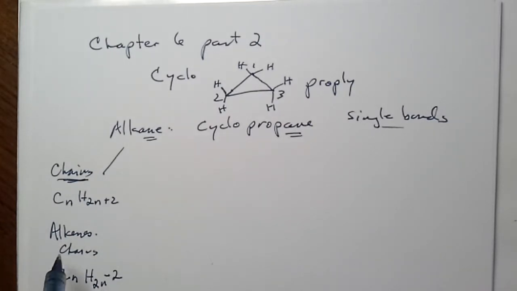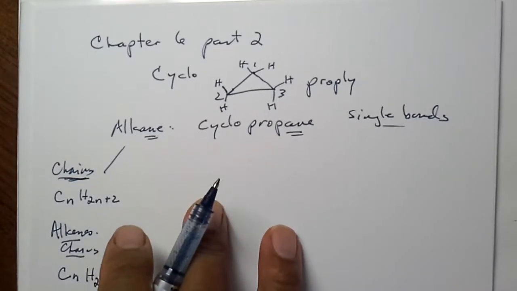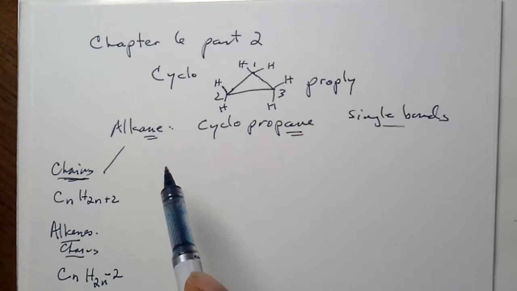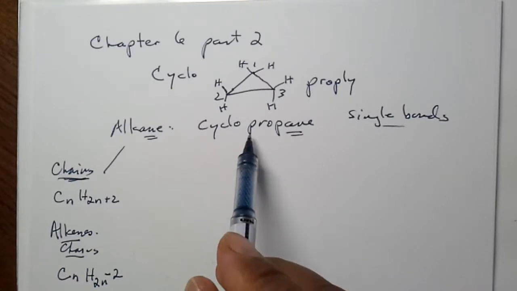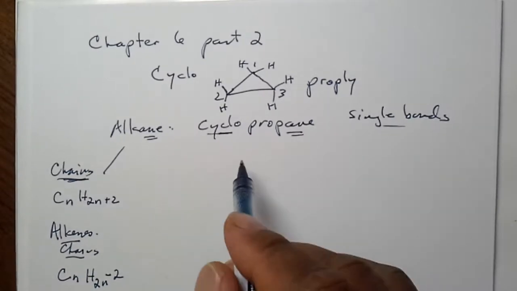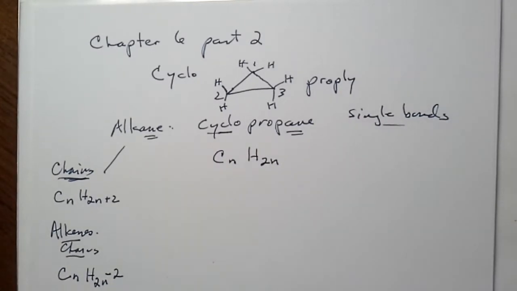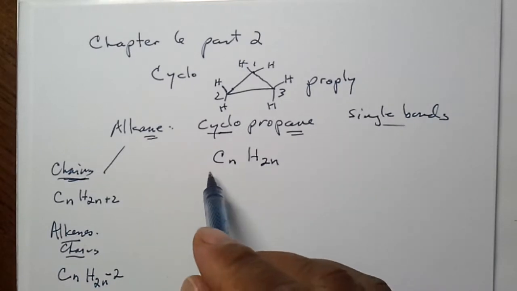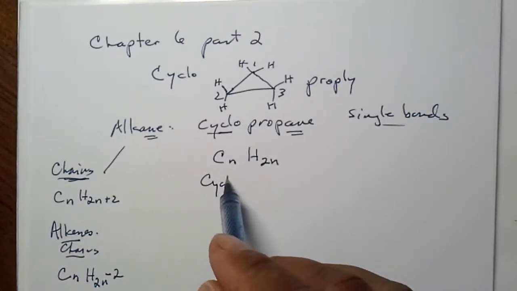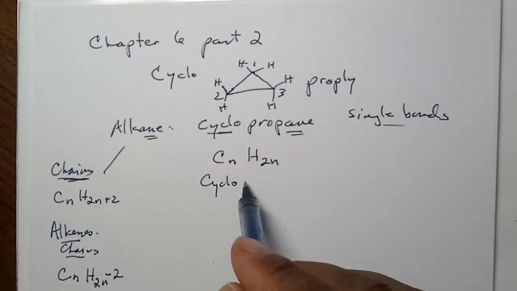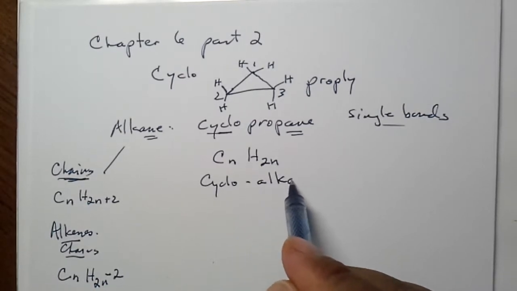This tells us that our long chains of hydrocarbon contain at least 1 double bond. And the same applies for our cyclo compounds. We have a CnH2n, that we have a cycloalkane.